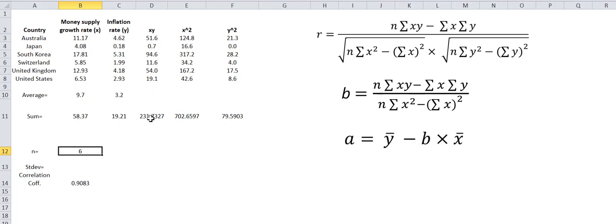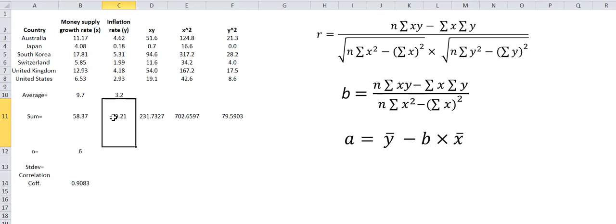Sigma xy is this number, 231, minus sigma x, this value, times sigma y, this value, divided by the square root of n, 6, multiplied by sigma x square, which is right here, minus sigma x squared, the whole sigma x squared, which will be basically the square of this number, multiplied by the square root of n, which is again 6, multiplied by sigma y square, that number will be 79.59, minus sigma y squared, so the square of this number.